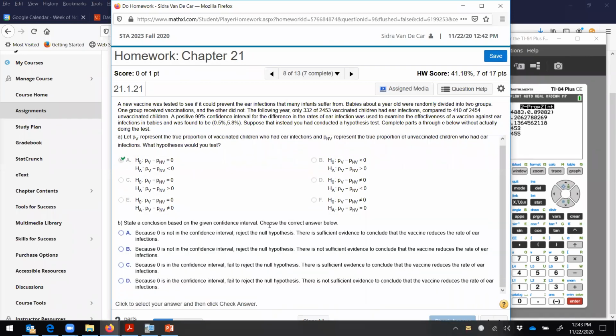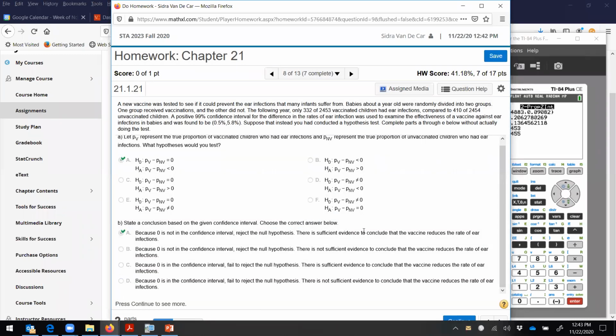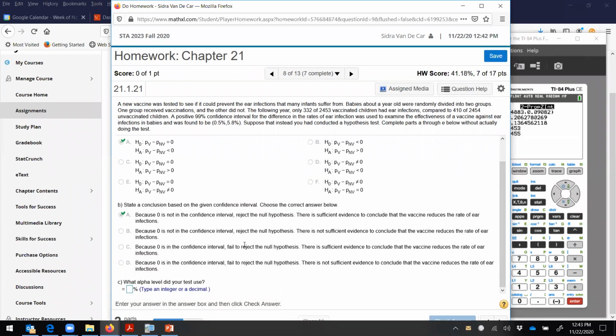State a conclusion based on the given confidence interval. This does not contain 0. So we would reject the null hypothesis. Vaccination reduces ear infections. What alpha level did your test use?